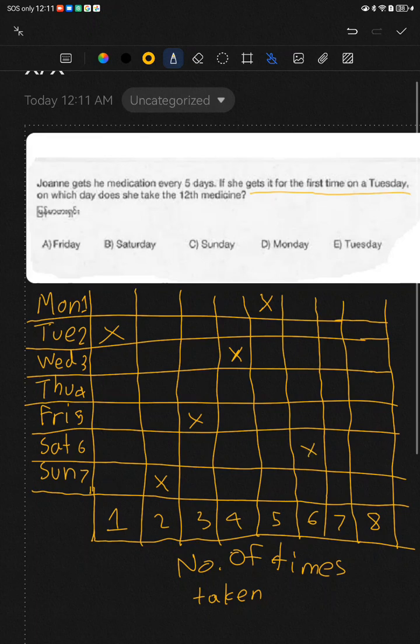On the 7th time, okay, maybe I should make some room. On the 7th time, she'll get it on Thursday. 5 days before Saturday is Wednesday.